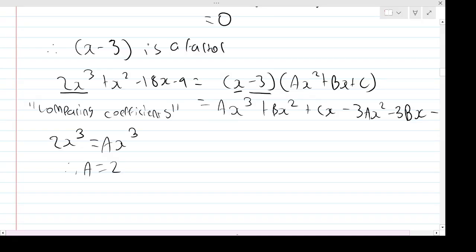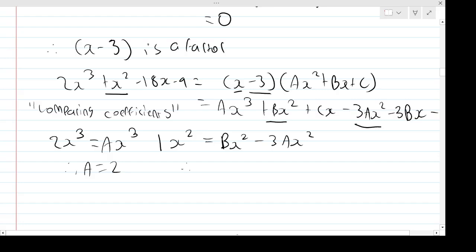Then let's compare the next term, the x squared term. Well, it's just x squared on its own, so that's 1x squared. And then what are the x squared terms on the right hand side? Well, we have bx squared there, but we also have a minus 3ax squared.